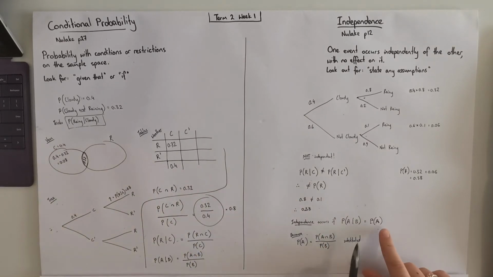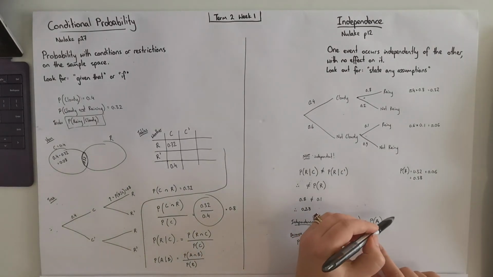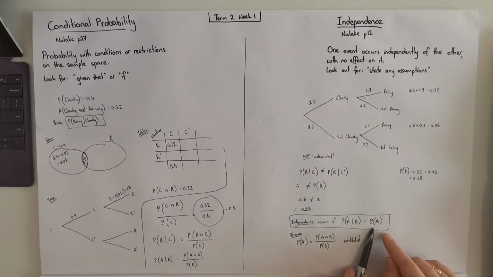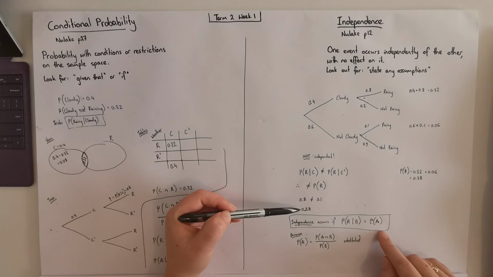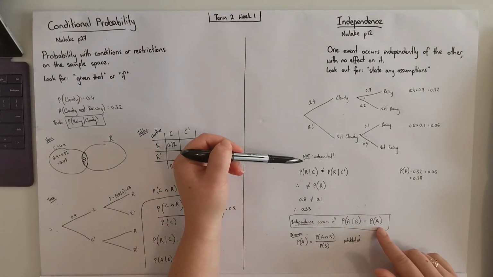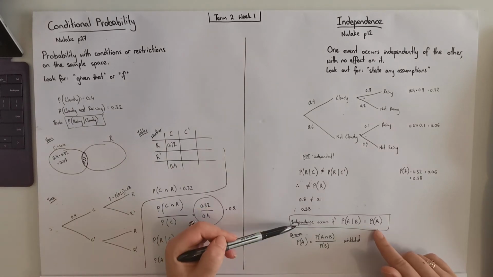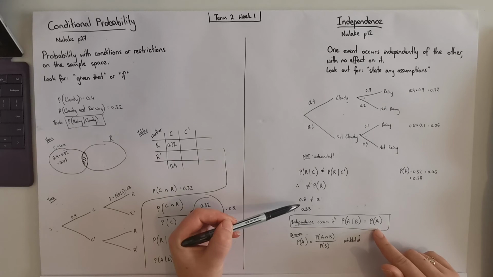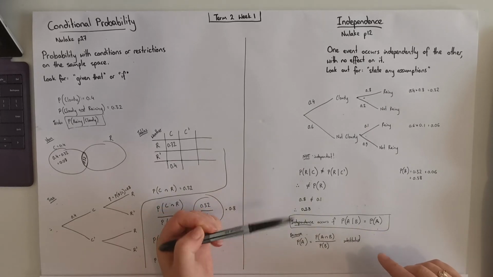That is to say, I've noted my statement here that independence will occur from what we've done here if the probability of A given that B occurs is the total probability of A. If these things were equal, we would be fine. They're not, which is why they're not independent. So the converse is true, that if this equation is satisfied, if these are equal, we have independence.